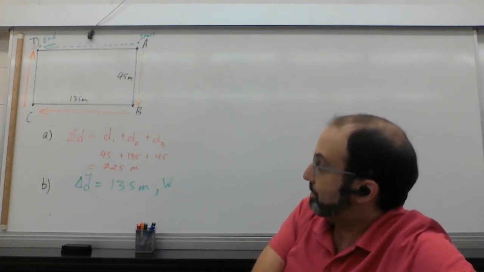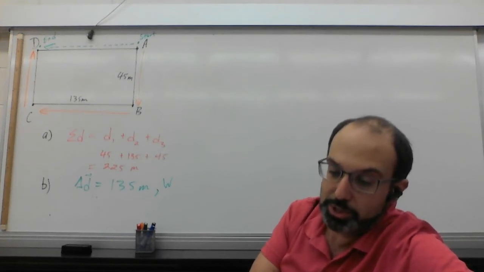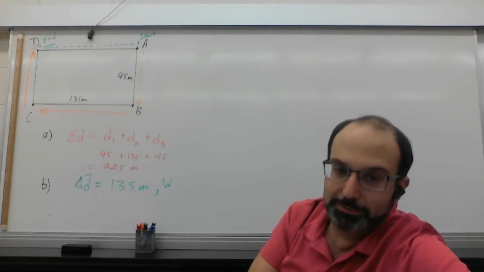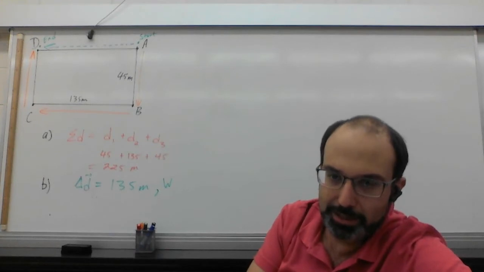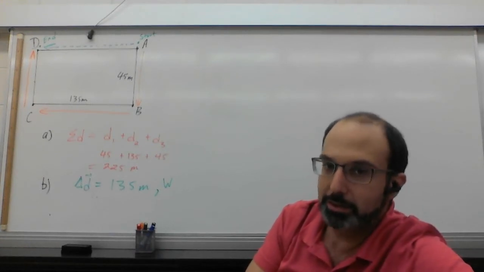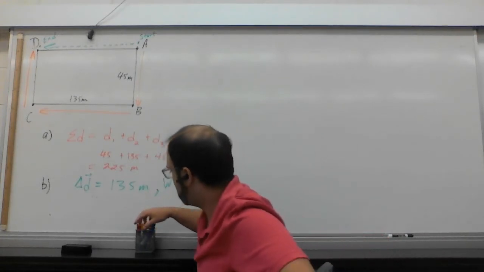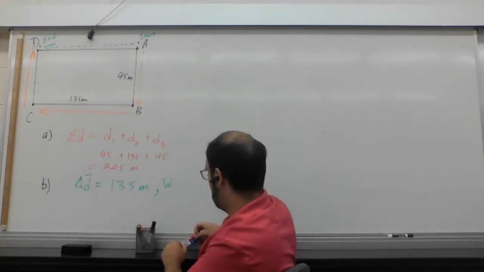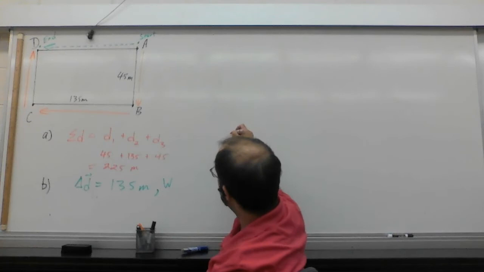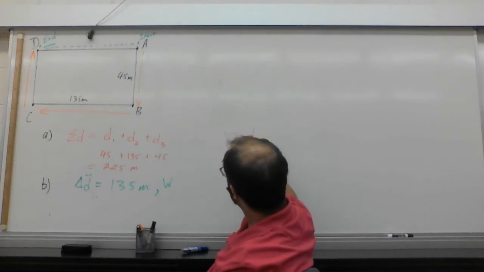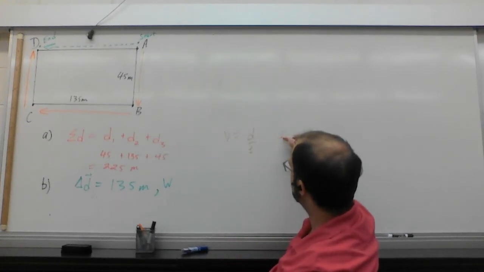Now, by itself, this makes sense, but take a look at question 3. If the journey took 55 seconds, calculate your speed and your velocity. Well, setting those problems up is actually super simple, right? Because speed is v equals d over t. D is 225.